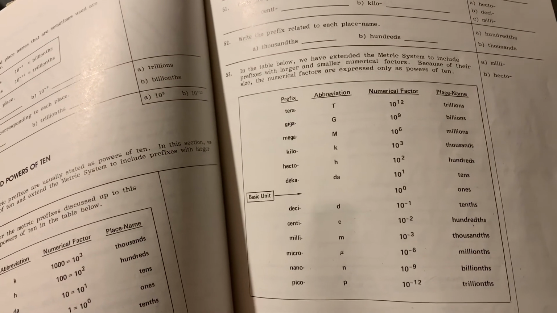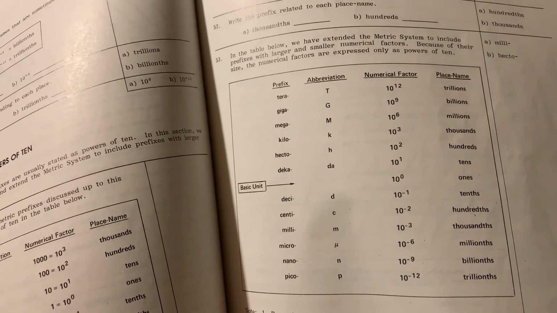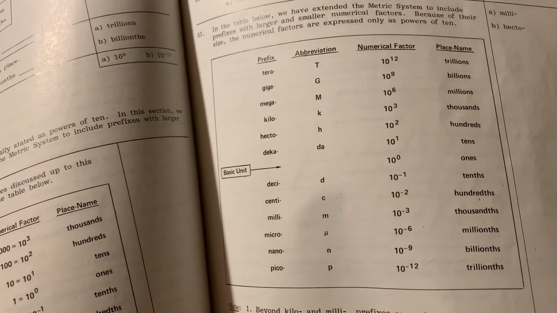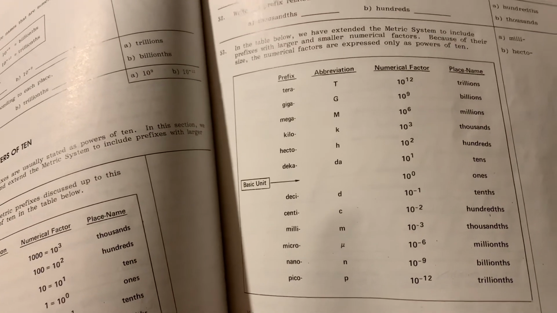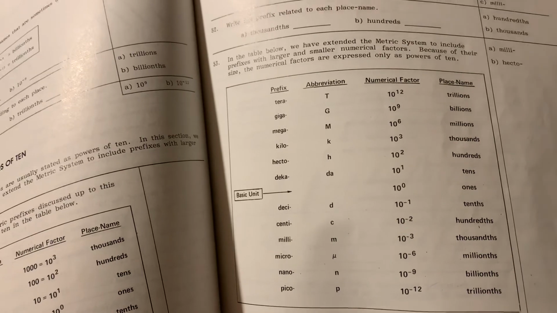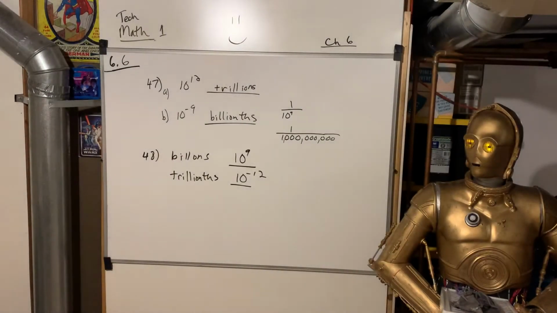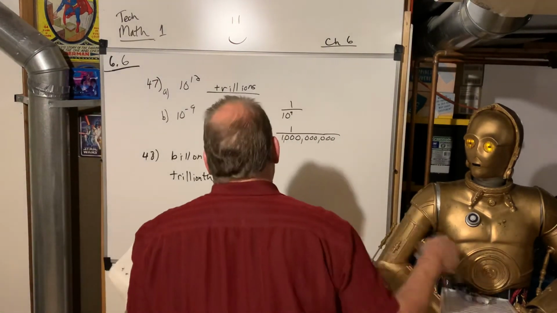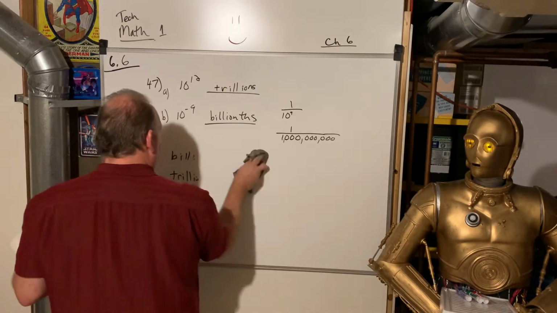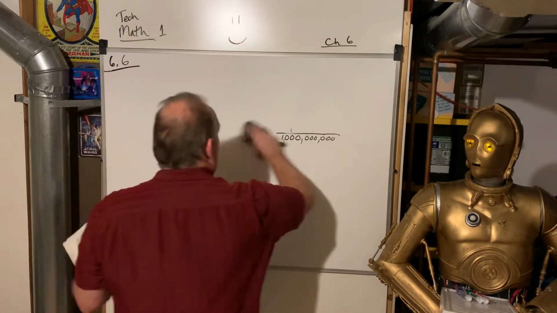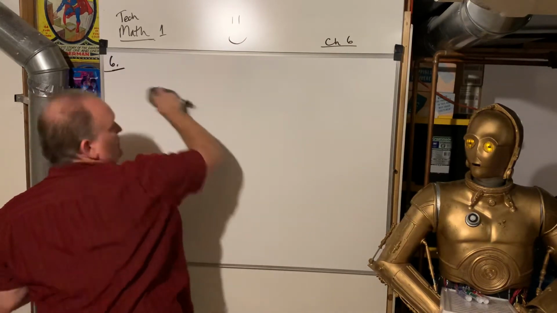They've got tera, giga, mega, kilo, hecto, deca, deci, centi, milli, so the middle 6 we know. And then micro, nano, and pico is trillionths. All right? So those are interesting prefixes that you use here. That's 6.7 already.